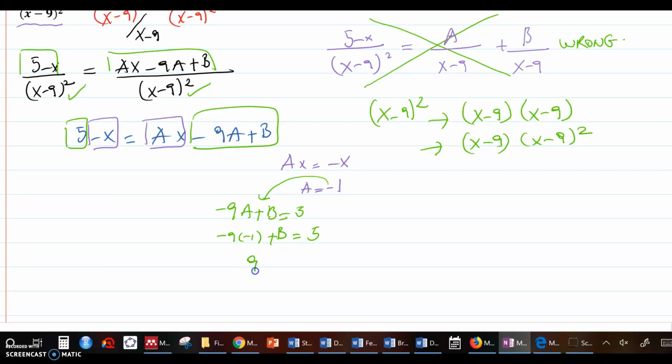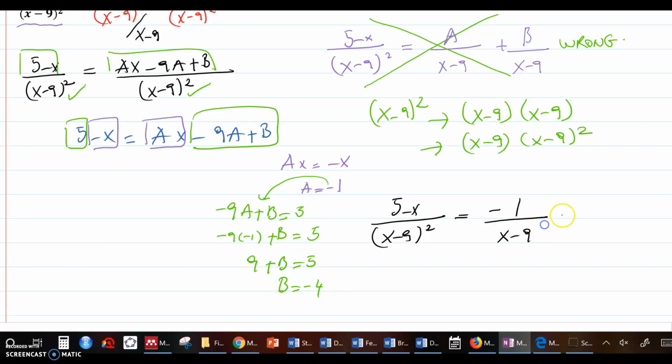That will be 9 plus b equals 5, and b turns out to be negative 4. So then we can decompose it: 5 minus x over x minus 9 squared will be equal to negative 1 over x minus 9 plus negative 4 over x minus 9 squared. That is the decomposed form of this question.